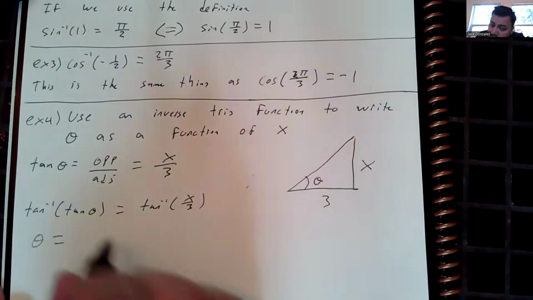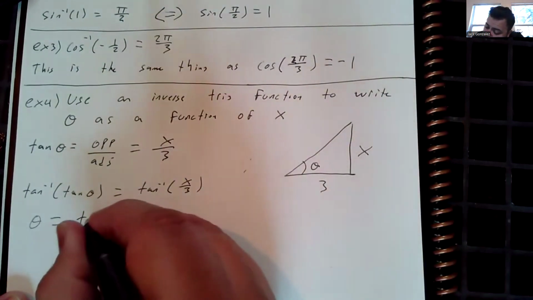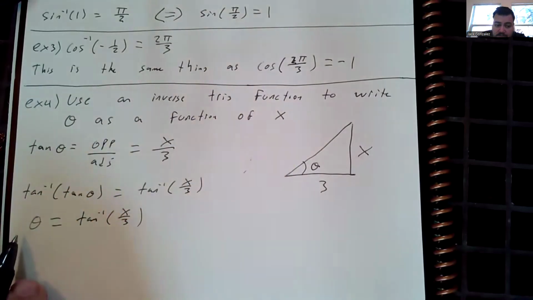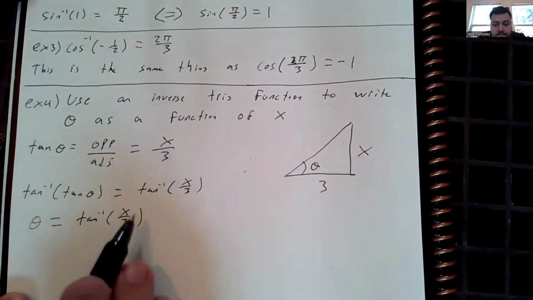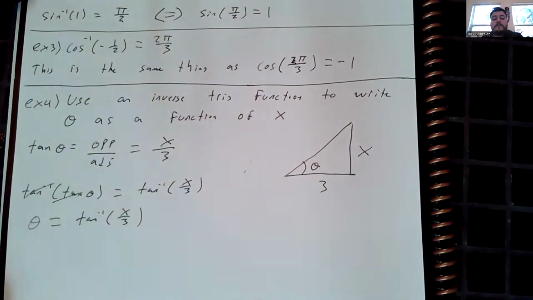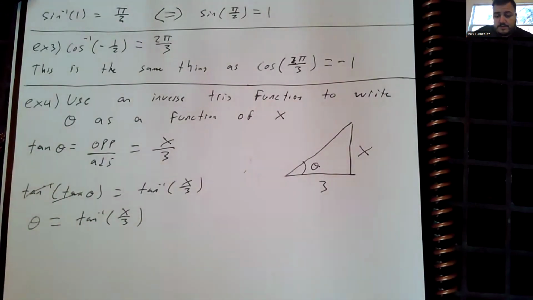Theta is tangent inverse of x over 3. So now I have theta as a function of x, and that's all we want. Just imagine this as square root of an x squared. Same principle. They cancel out because they are inverses.